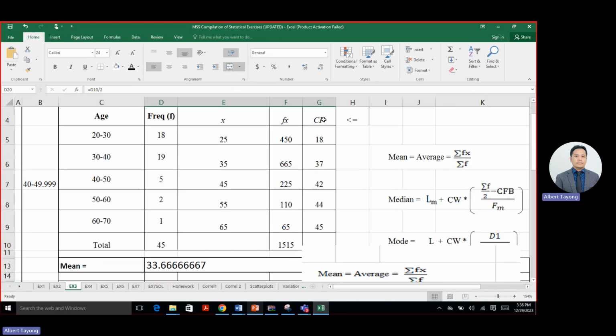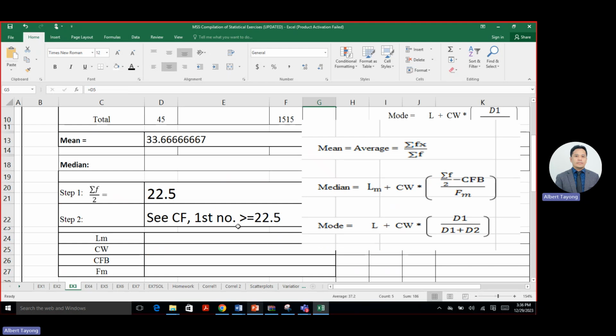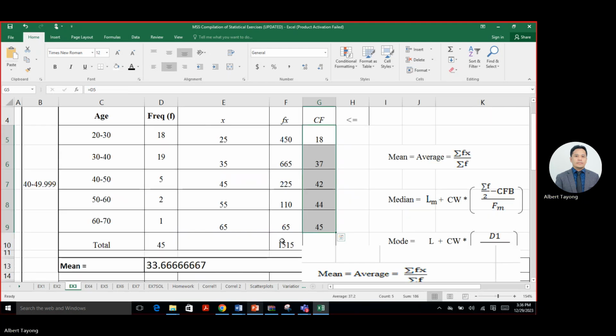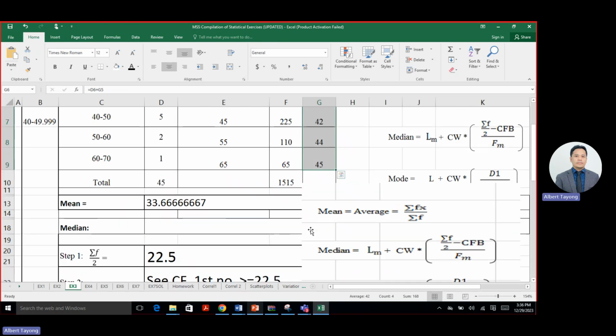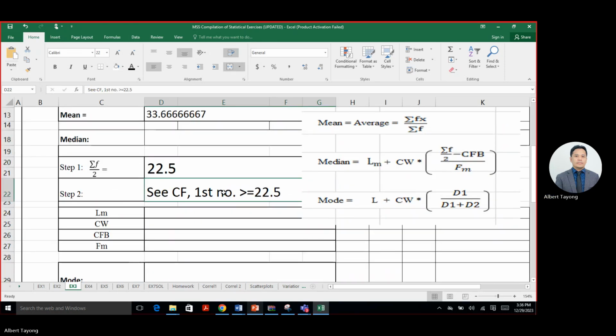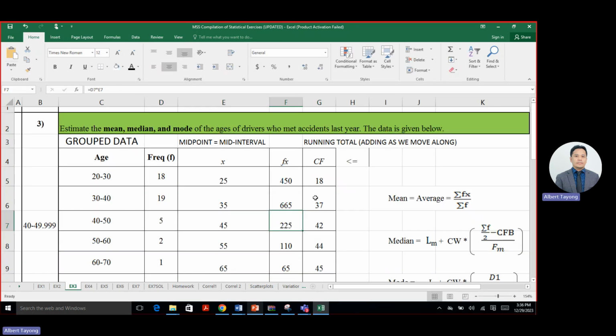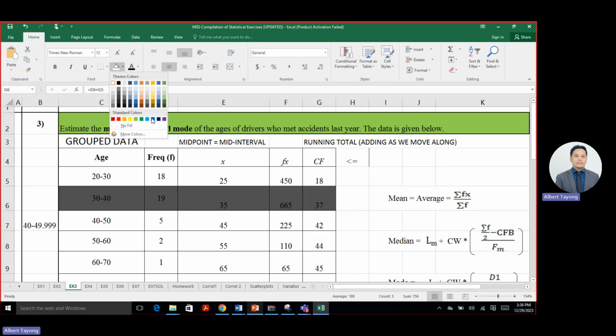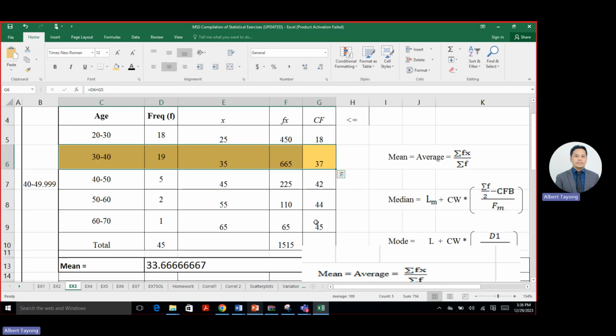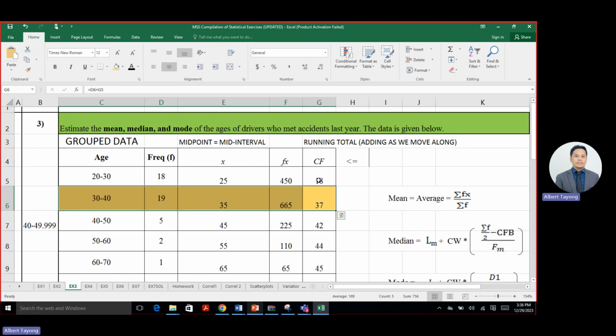We don't have 22.5 here. There are many numbers greater than 22.5 there: 37, 42, 44, and 45. But we have to look at the first number. So 37 is the first number greater than 22.5 in the CF column.